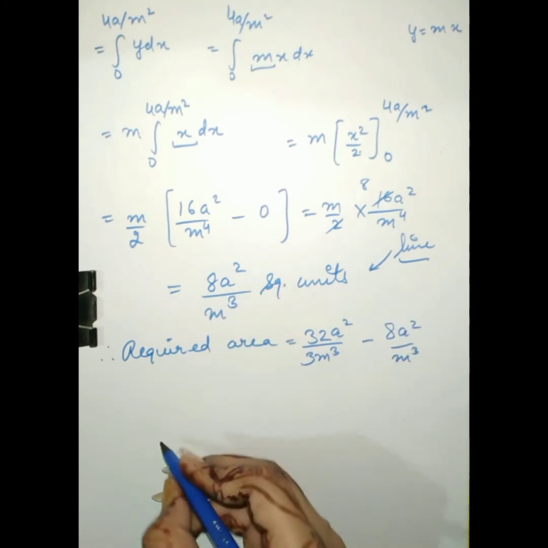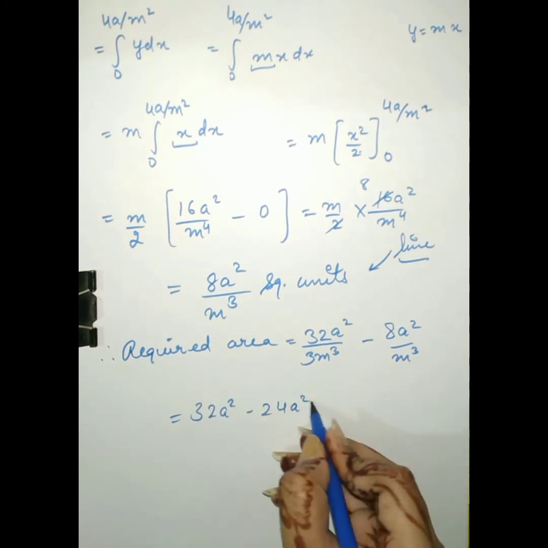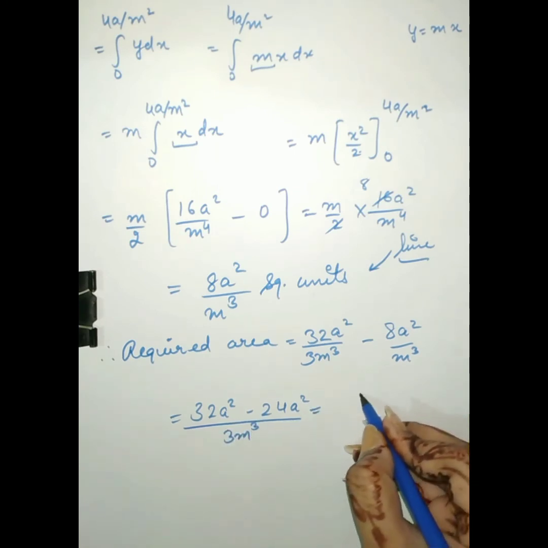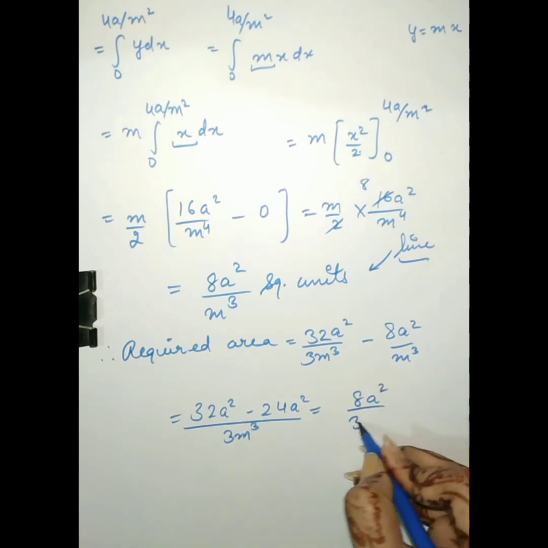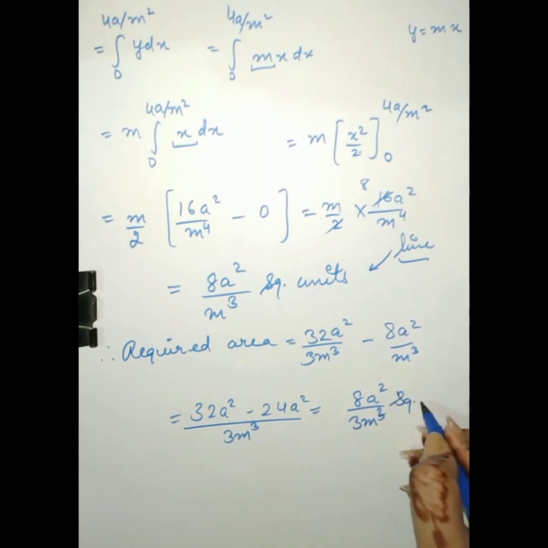That means it will become 32 a square minus 24 a square upon 3m cube. It will become 8 a square upon 3m cube square units. So this is the required area which is bounded by the curve and the line.